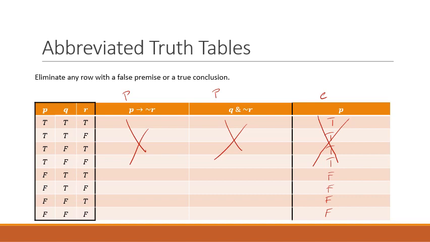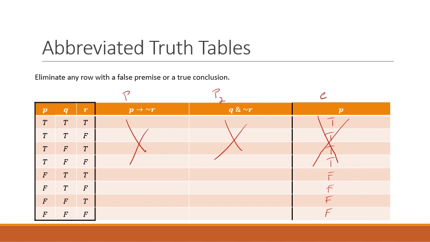I can move on to these other premises. I can eliminate any row with a true conclusion, and also any row with a false premise. So let's do a premise and see if I get any false ones. Premise 2 here is an and, and ands are almost always false. They're only true under one condition, which is when they're both true. So the only time that's going to happen is when my Q is true and my R is false.